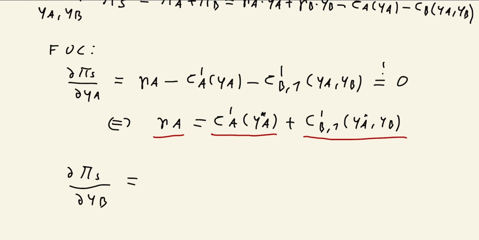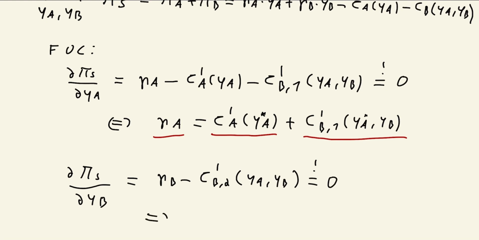This is then equal to the following: pb minus c prime b2 ya yb. This should be equal to 0.